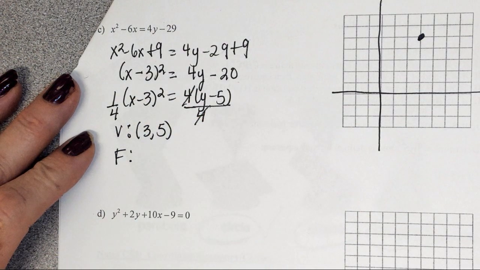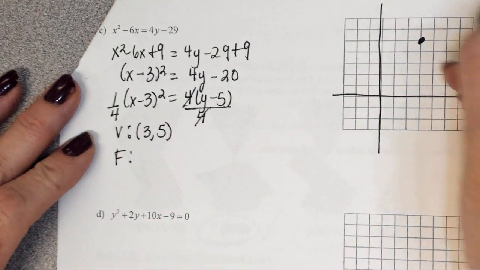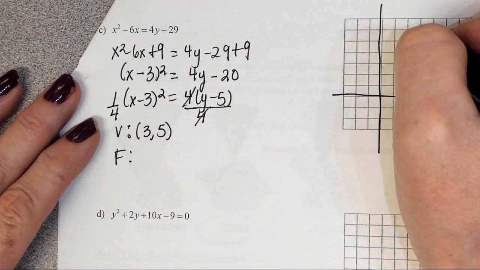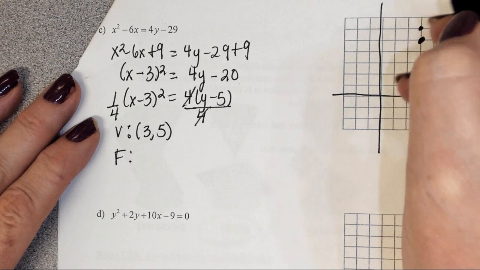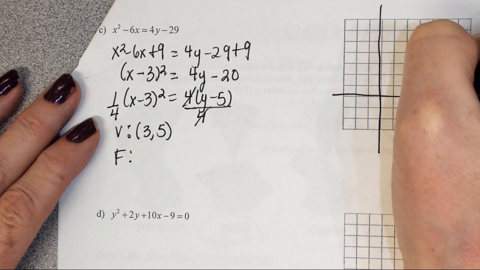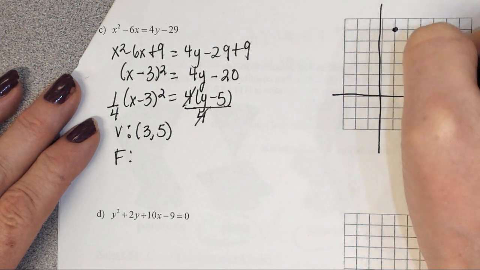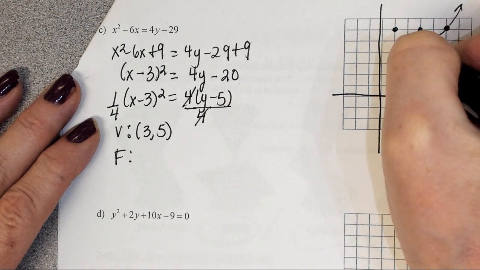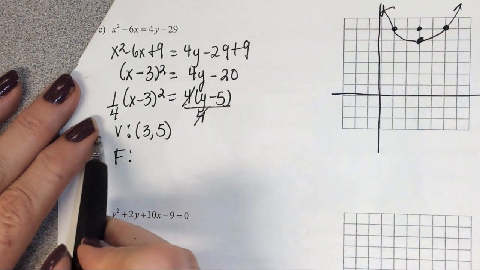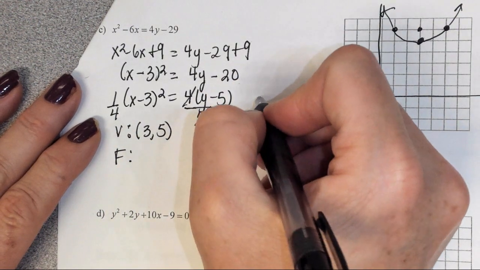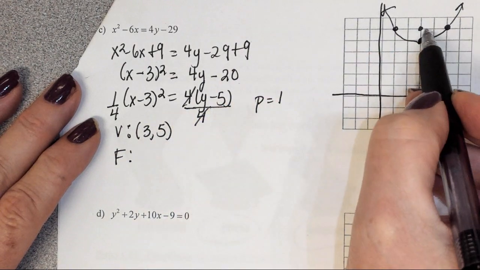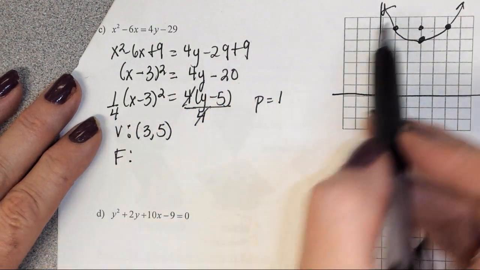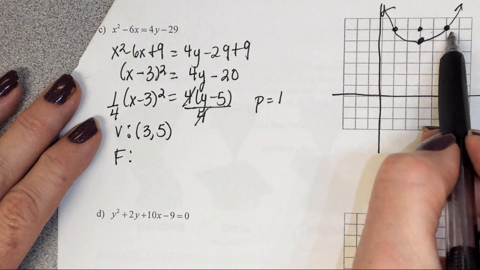Up. So I'm going to have to go up. How far? 1. And then I'm going to have to go right 2 and left 2 to get those focal chord endpoints. Is it always 2? Nope, it's going to be whatever P is 1, it's going to be twice that. So if I look at this number, that's how long the total is through there.